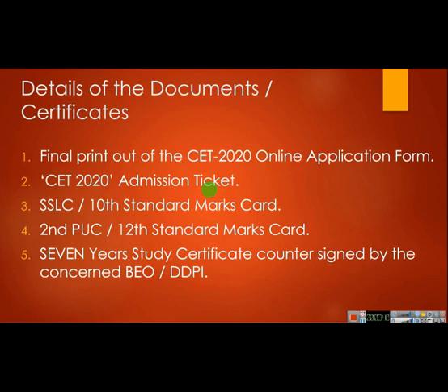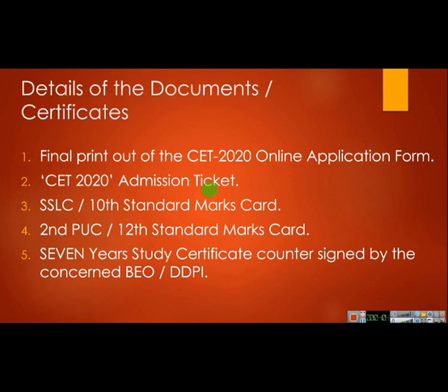The next one is the second PUC marks card. Those students who have not got a second PUC marks card need to take the marks card from the college. That is your provisional marks card, and it has to be signed by your principal. No internet copies are allowed.